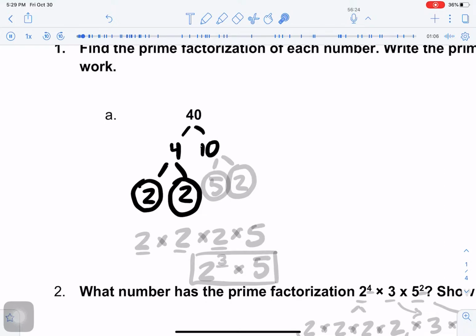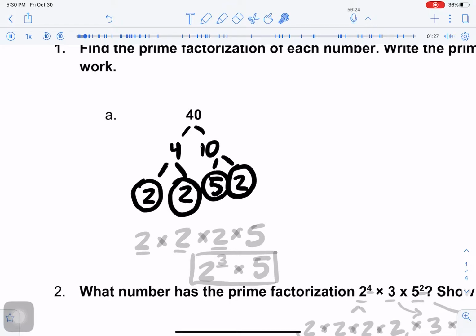If we see that the number is still composite, we break it apart more. 10 is composite, so I'm going to break this apart. A factor pair I'd like to use is 5 and 2 here. These are prime as well, so these are my prime numbers and the prime factorization for 40.